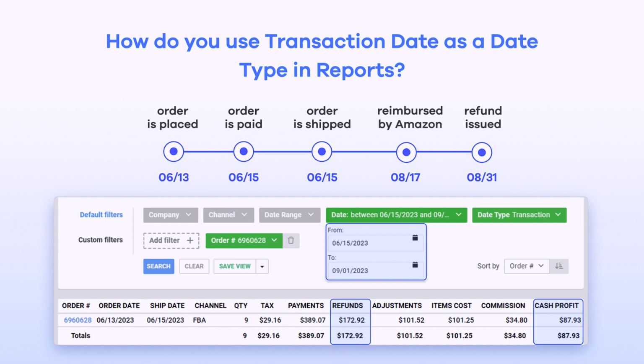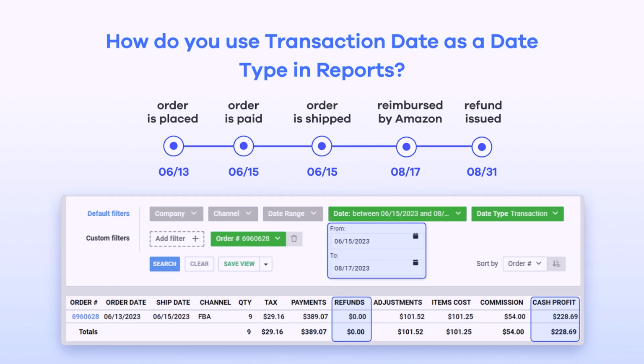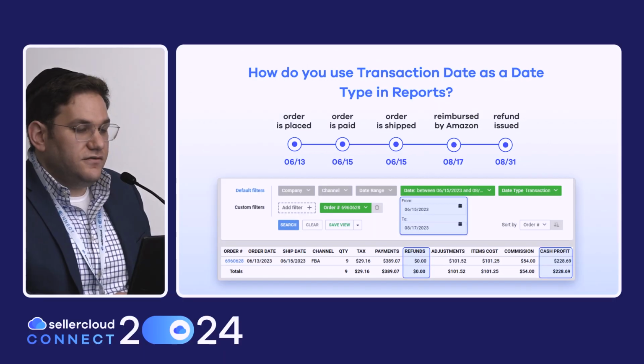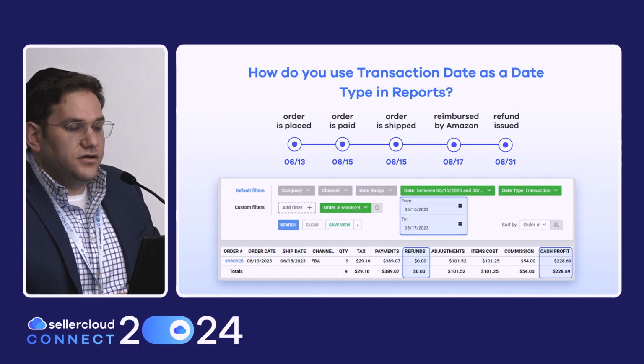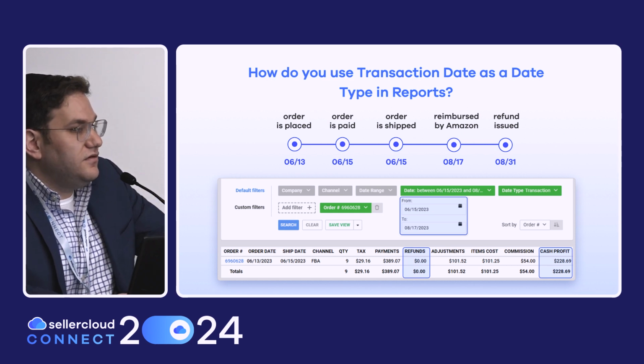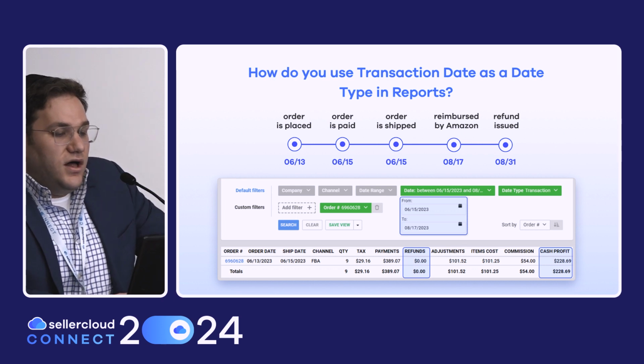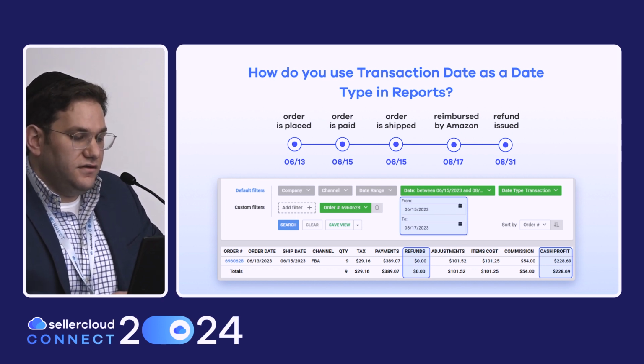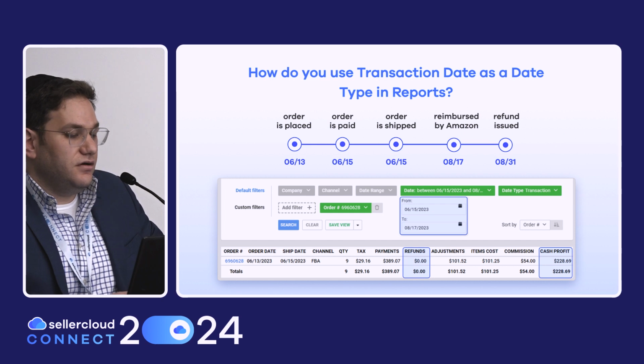And then I go to the next one, and the refund is gone, and the cash profit just jumped up. What happened here? The date range that I put in only encompassed transactions until August 17th, and excluded the last date on this timeline.